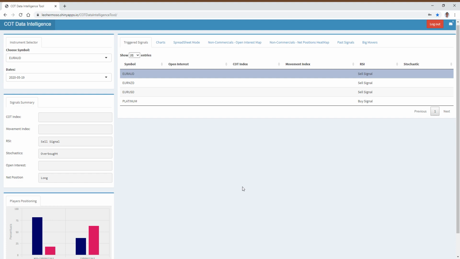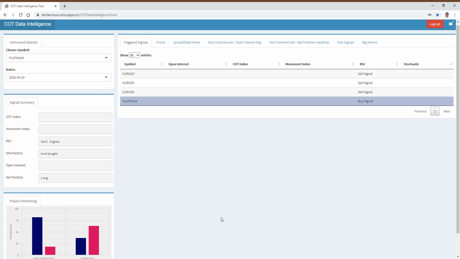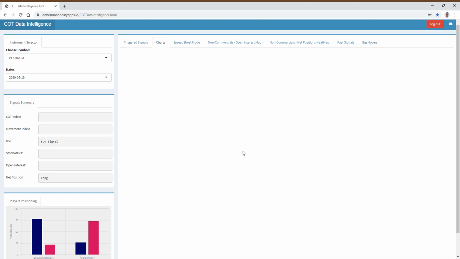Let's check Platinum. So we have a buy signal for Platinum, and we can come here to see the charts.